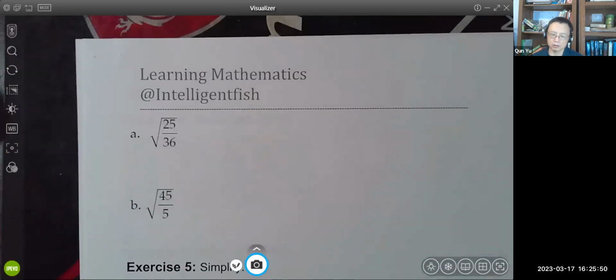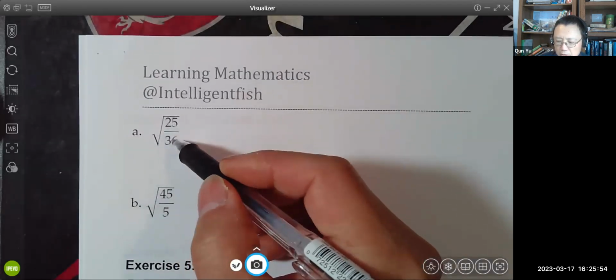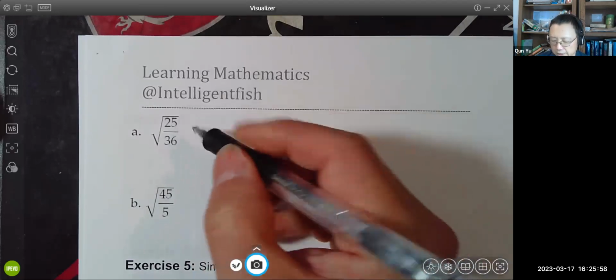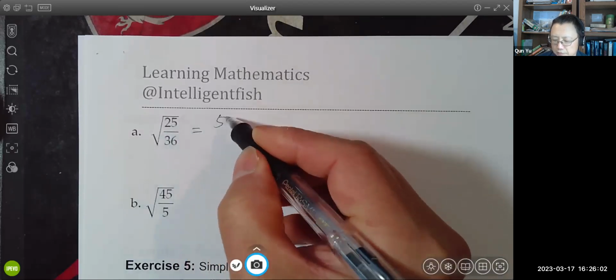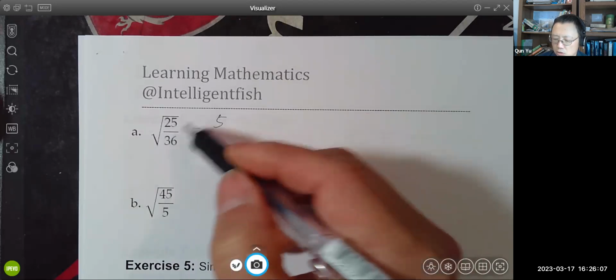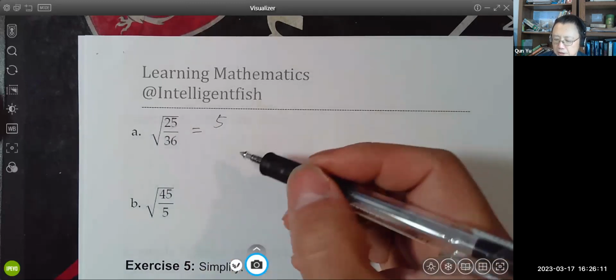So we have 2 examples. We do it one by one. The first case is that either of the 2 numbers is a square of some other numbers. That's why we can take them out one by one. Square root of 25 is 5. Remember, square root means a number that when you multiply by itself, you go back to the original number inside the square root operator.